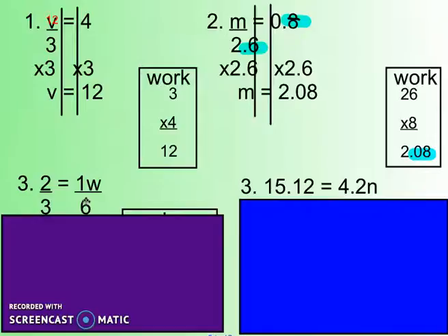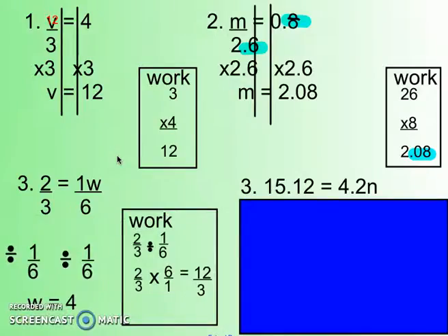So the opposite is division. Now, if I take 2/3 and I divide it by 1/6, we got to remember, how do you divide fractions? Oh my gosh, this was a while ago. How many of you said keep, change, switch? Oh, I so hope so, because that is what we got to remember to do.